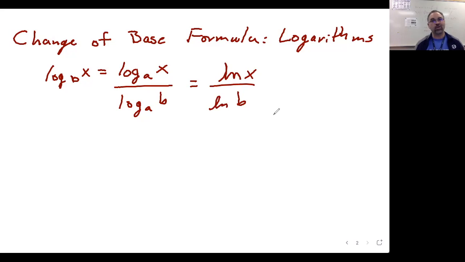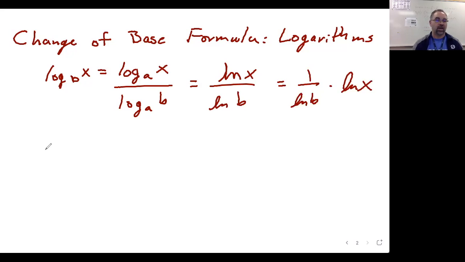So when you're deriving or integrating, if you need to change the base for the logarithm, change it to natural log. What you really get is this constant, 1 over natural log of b, times the natural log of x. And that's handy, because then that 1 over natural log of b is just a constant.